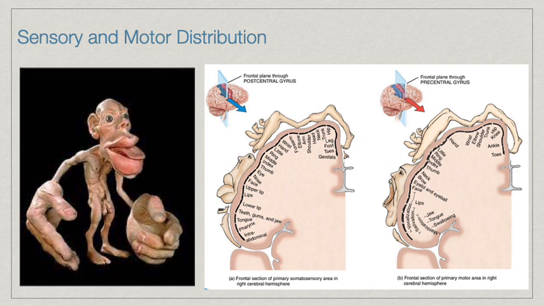You can see they drew that over the edge of the precentral gyrus of our frontal lobe, and each individual part of the body is proportional to the amount of motor input that goes to that area.